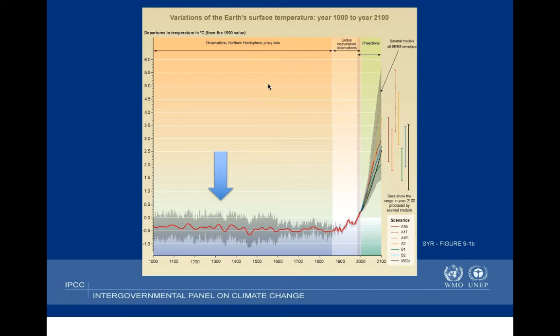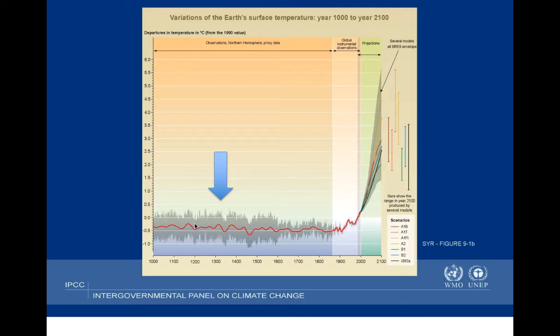And those proxies are often tree rings, sometimes they're ice cores, sometimes they're based on lake sediments. There are many ways that we know that we have some sort of proxy that is a representation of temperature. What you can see here in the red line is an average. It's a time average, and surrounding that red line is this gray envelope.